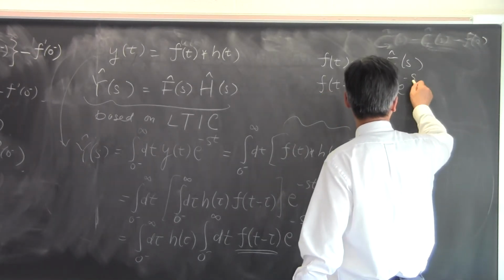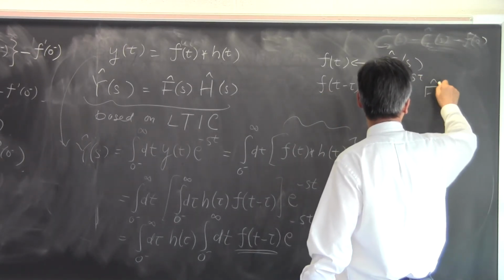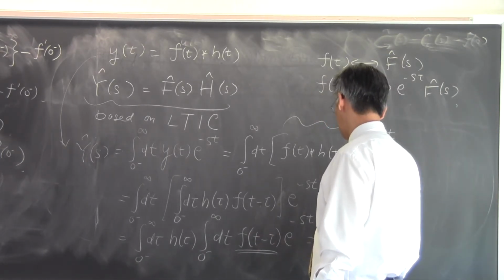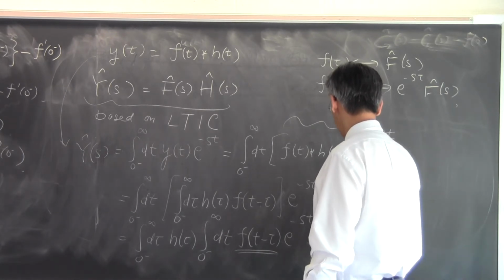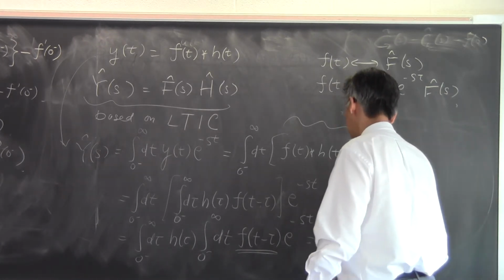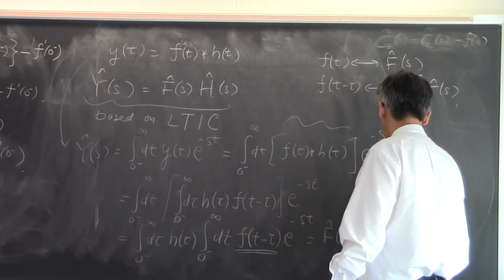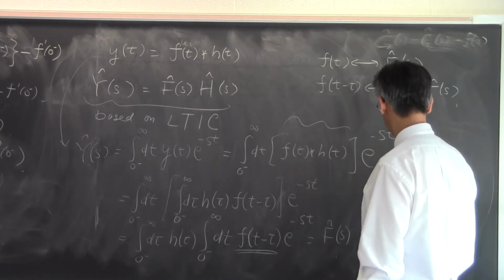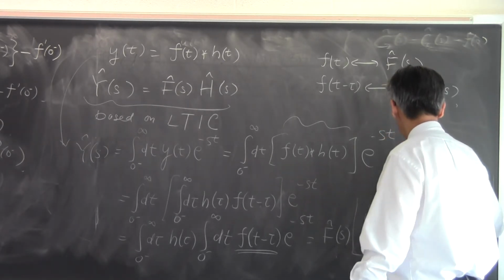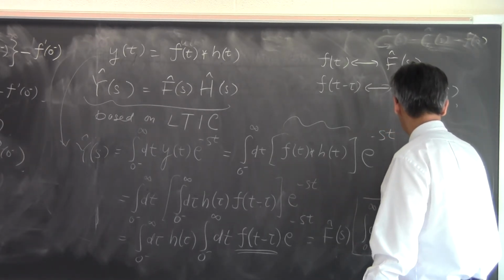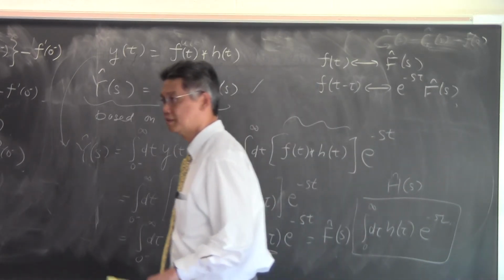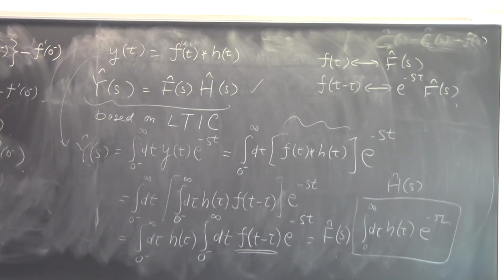It is e to the minus s tau f hat of s, right? So I can use that, or do a change of variables. What I have left is f hat of s times the integral from 0 to infinity d tau h of tau e to the minus s tau. And this is just equal to h hat of s. And hence I have this property proved. Is this clear?